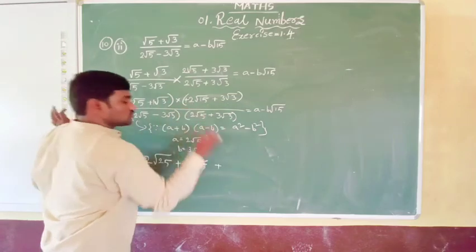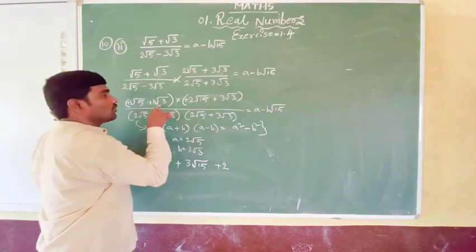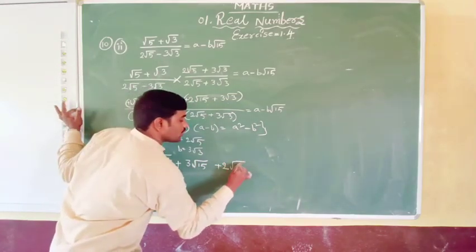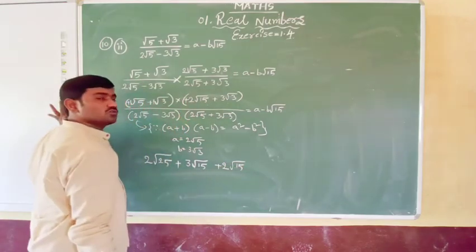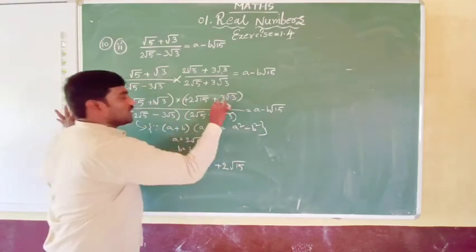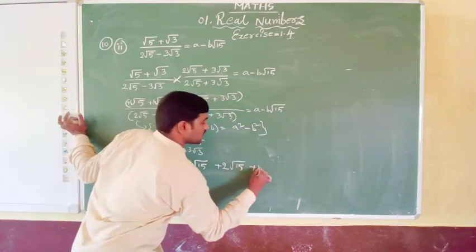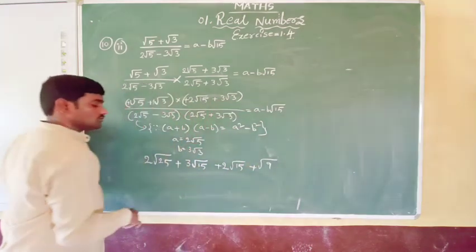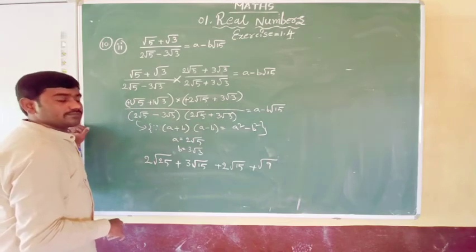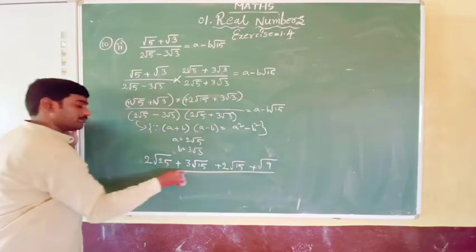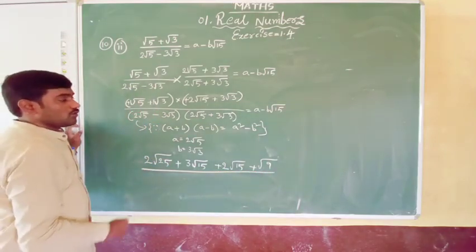Place 1 2 is a 2. Root 3 into root 5, root 3 into 5, that is root 15. Plus 1 3 is a 3. Root 3 into root 3, that is 3 into 3, that is 9. All by, see, whole by what is that?